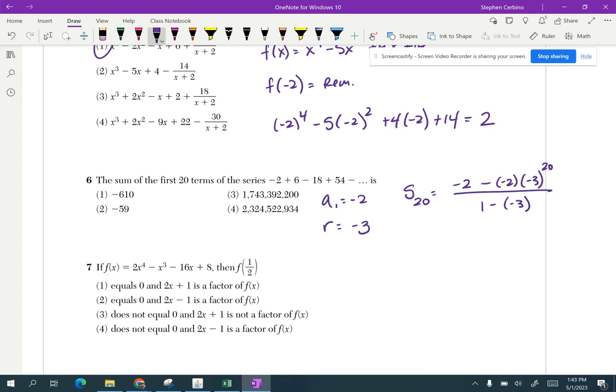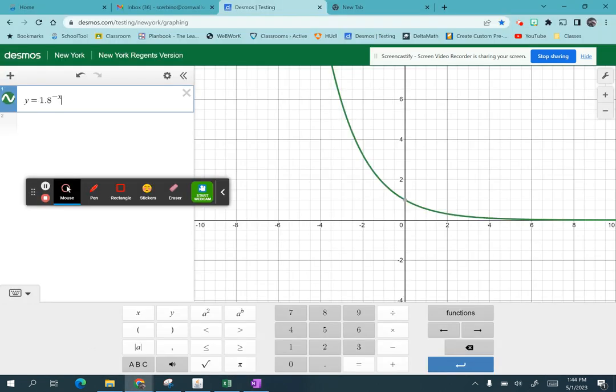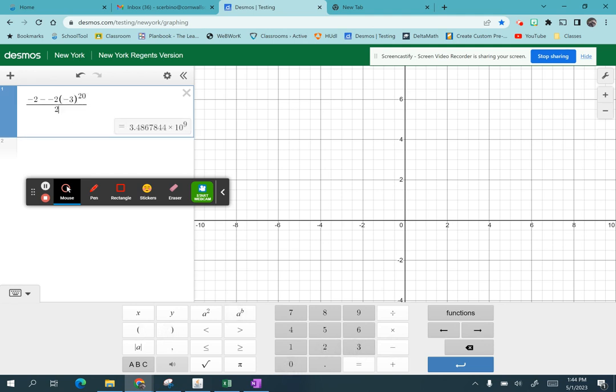So remember on Desmos, if you want to make a fraction, easiest thing to do is just make a random fraction and then edit it. So go up to the numerator and you can edit that fraction. So negative 2 minus negative 2 times negative 3 to the 20th. And then in the denominator, we could do 1 minus negative 3.